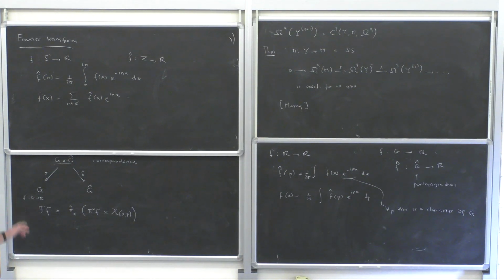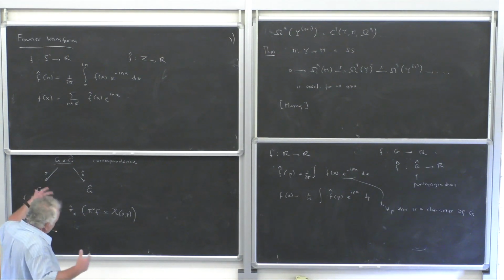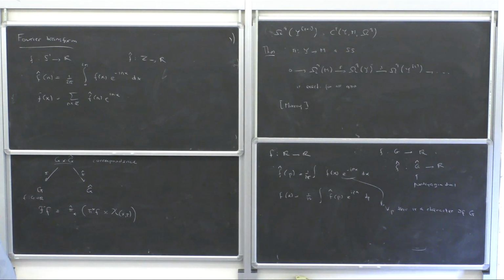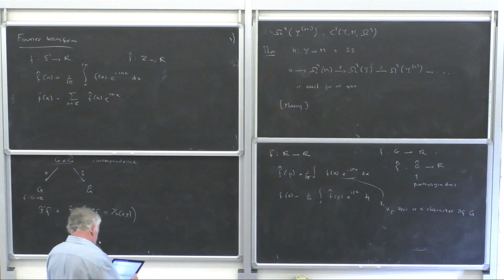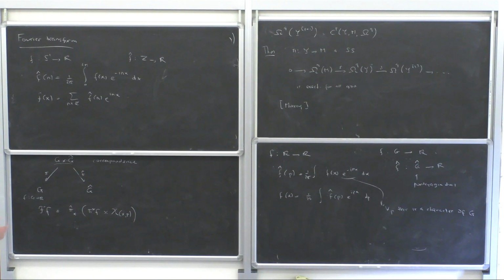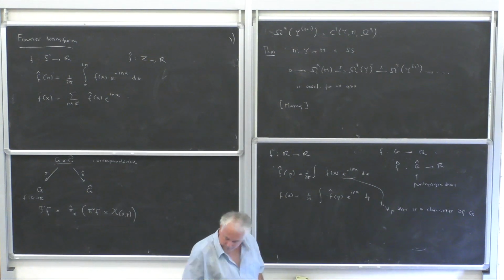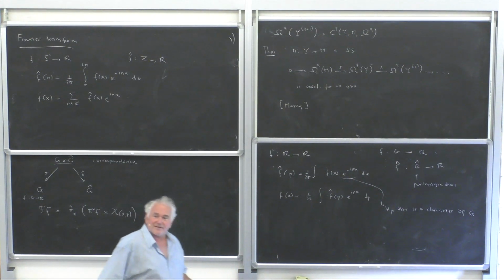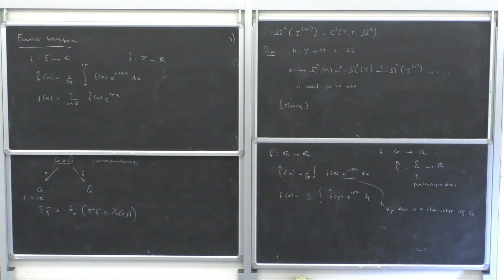So not just functions, but you can do this for forms or sheaves or derived categories. Any kind of geometric object you can try to construct these correspondences for. In this case, the push forward is just integrating over G.